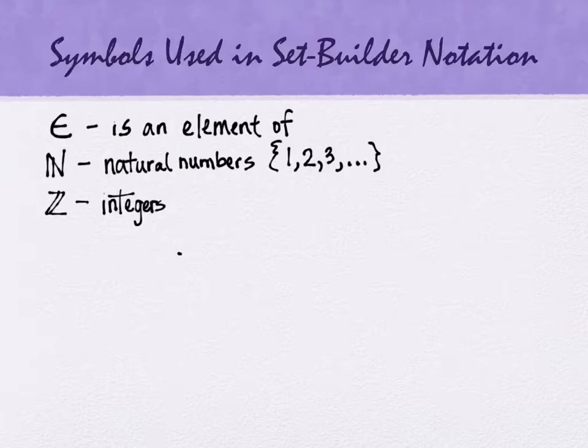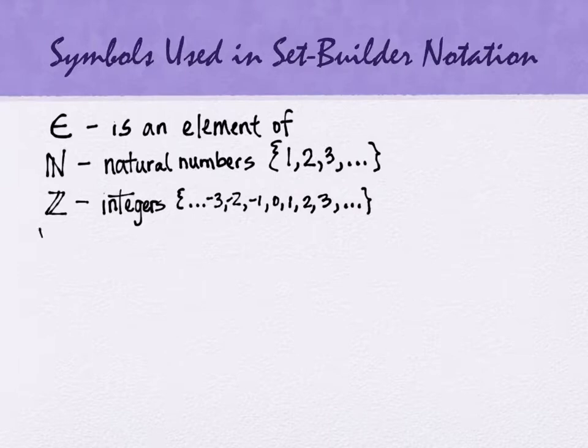Your integers are positive and negative whole numbers. So you have ... -3, -2, -1, 0, 1, 2, 3, and so on. These are your integers. We will encounter these in chapter 5 of our book.